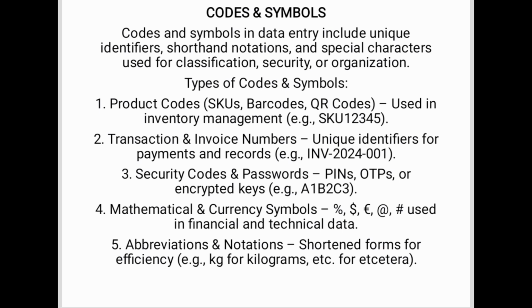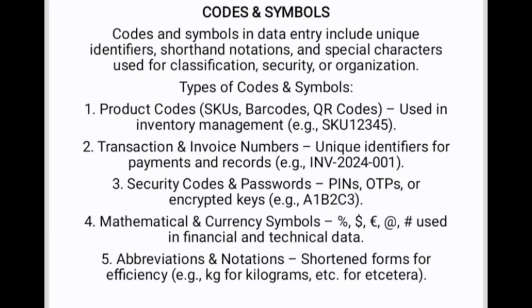You can see the examples. Number two, transaction, and number three, security codes and passwords. And you can see the pins, OTPs, and so forth. Number four, we have mathematical and currency symbols: percentage, dollars, euros, and so forth. And number five, abbreviations and notations. And you can see the examples there.